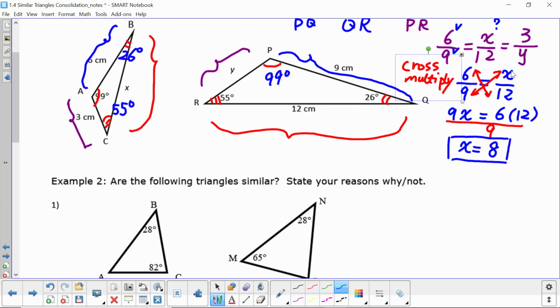Then we do the same thing for this one. We use 6 over 9 with 3 over y. You will see in this equation you have only one unknown variable, y. It is a fraction on one side and a fraction on the other side, so we can use cross multiply.